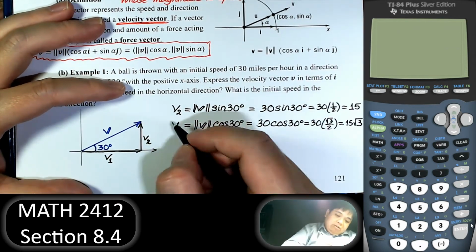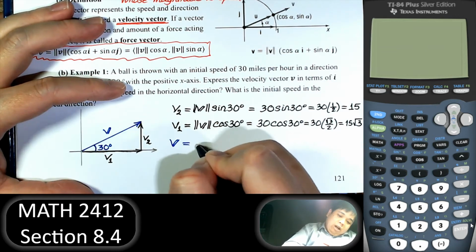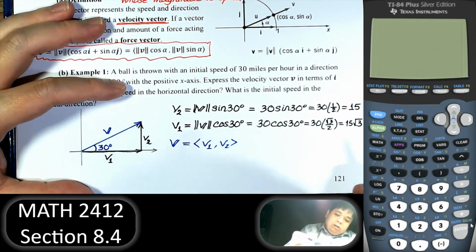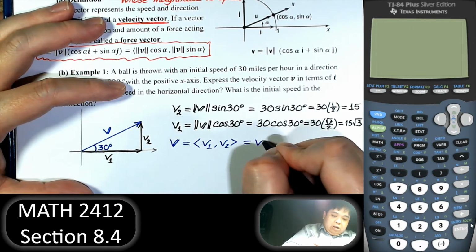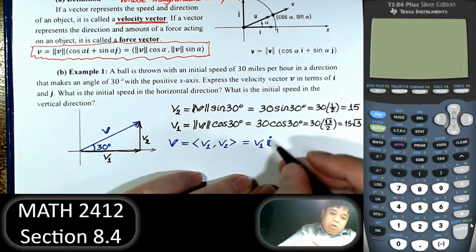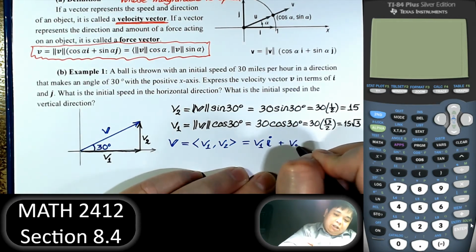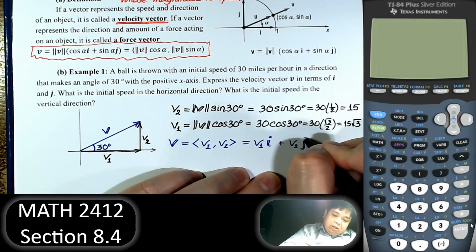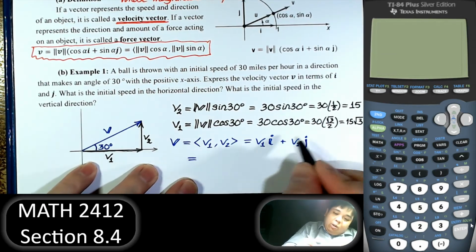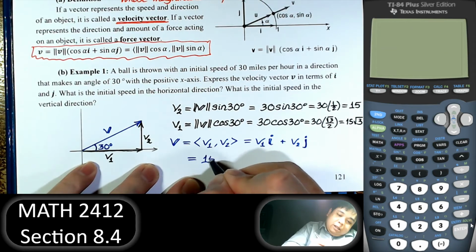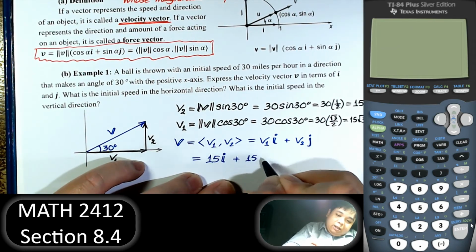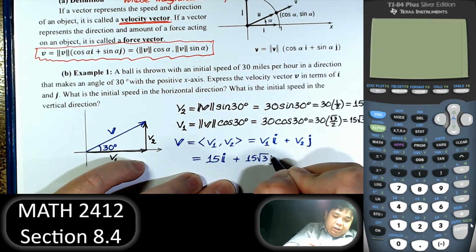So in that case, we say the vector v has two components, v1 and v2. Or we say v1 times the horizontal unit vector i, and v2 times the vertical unit vector j. Or we say 15 square root of 3 i and 15 j.